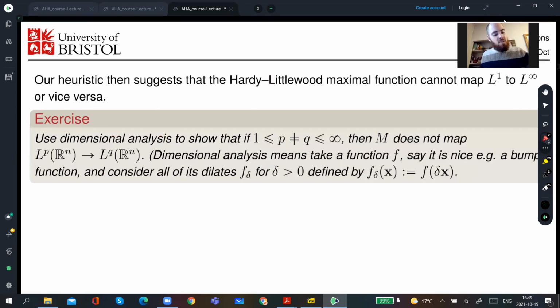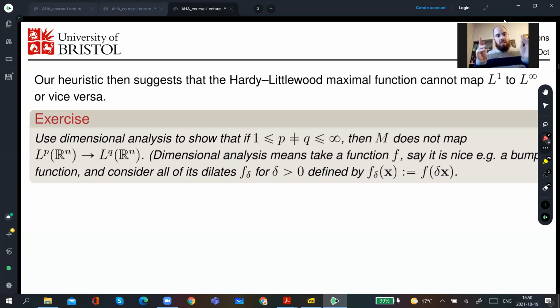But you can use dimensional analysis to show that this maximal function doesn't have any other mapping properties. Okay, it doesn't map LP to LQ when P and Q are not the same. Dimensional analysis is just you pick some nice function, like before we picked the characteristic function of the interval minus a half to a half, and then you consider all dilates of that function. Right?